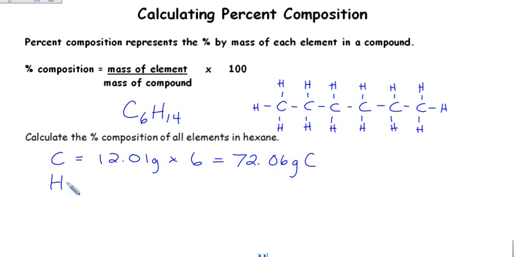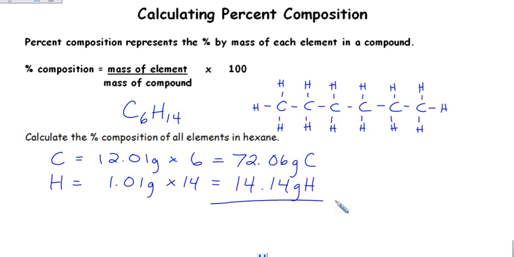And then my hydrogen, 1.01. There are 14 for a total of 14.14 grams of hydrogen. We add this up and the total mass is 86.20 grams. The C6H14.